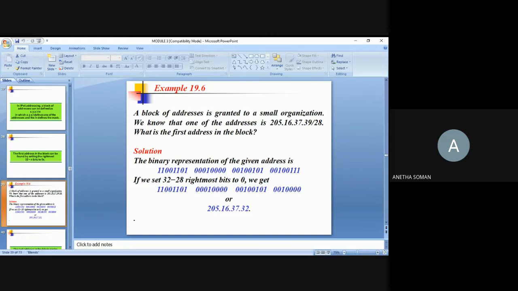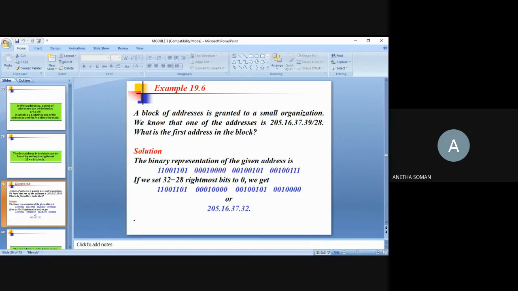So in this example, you have 205.16.37.39. I have represented the binary equivalent of that. And doing 32 minus 28, I get 4. So the rightmost bits, the 1111, are changed to 0000. All the other bits remain the same.